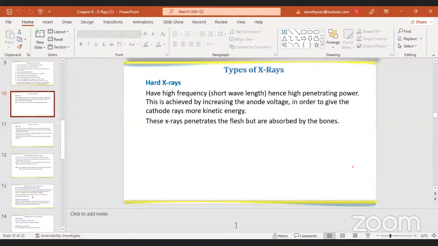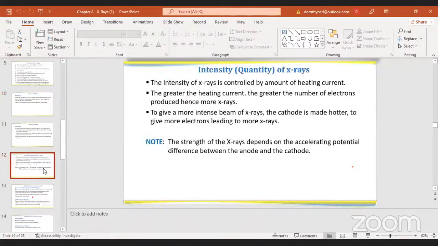If the accelerating potential is low, you'll end up with soft X-rays. So that's what we're talking about. The strength of the X-rays depends on the accelerating potential difference between the anode and the cathode.